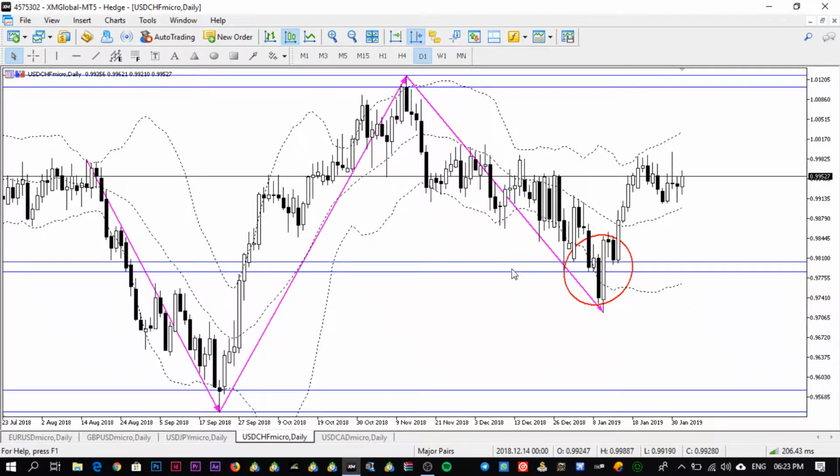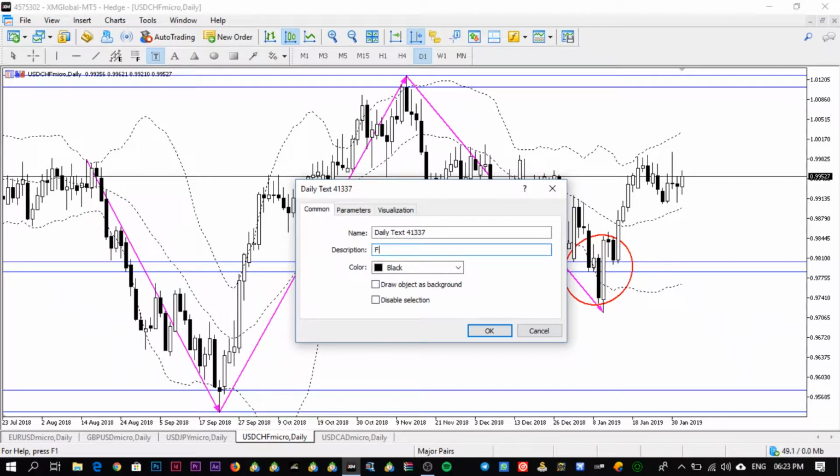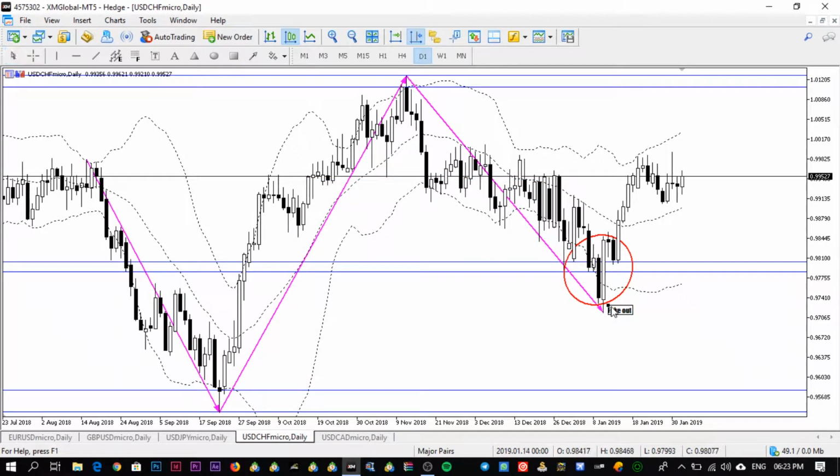Price broke through our level of support, but instead of maintaining it as a level of resistance, it closed back on top of our level of support, and this is what I then call the fake out trade.